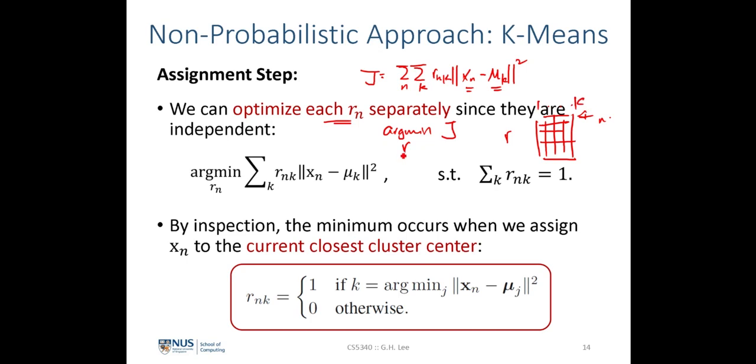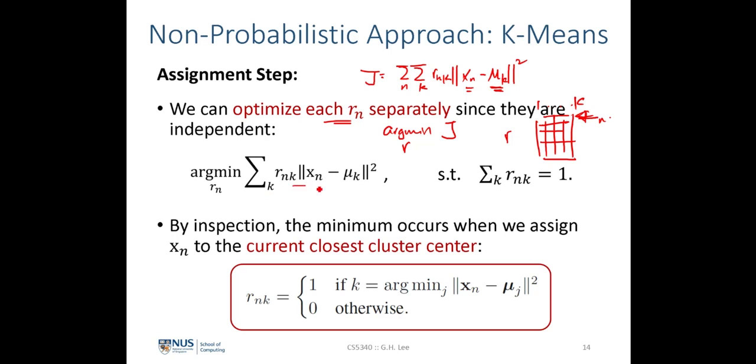And since we are fixing our centroids mu_k, we can look at each one of these rows independently, because each one of these data points is assumed to be independent of the others. Since we are minimizing with respect to each r_nk, the summation over n would fall off from this optimization cost function, and we will look at only the inner summation over k.